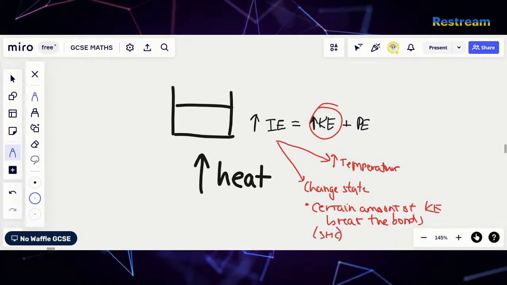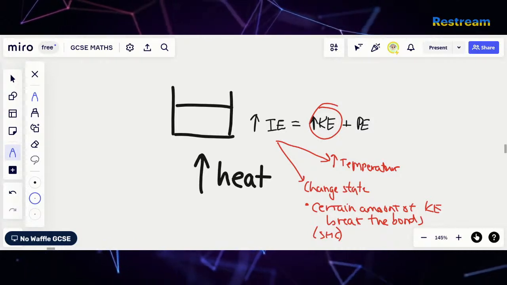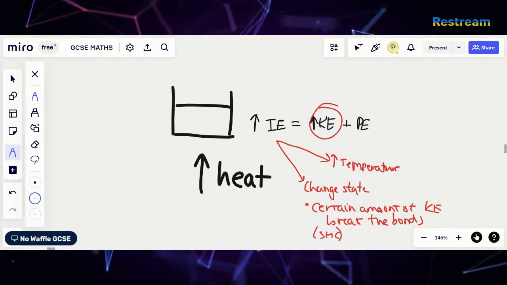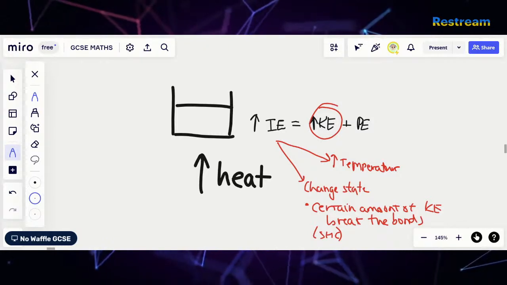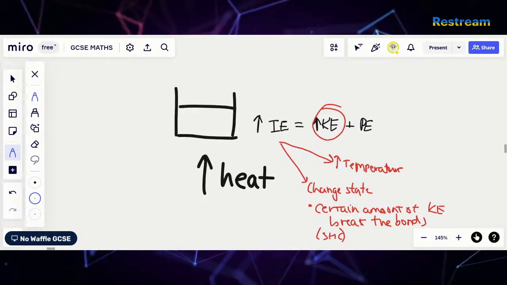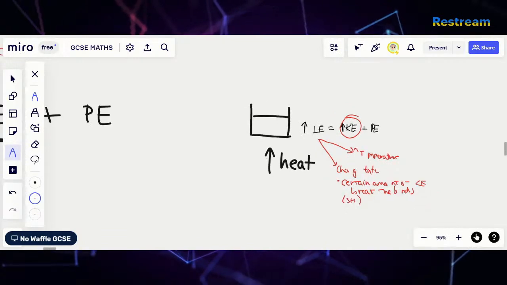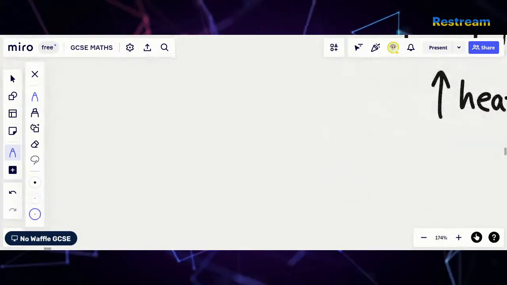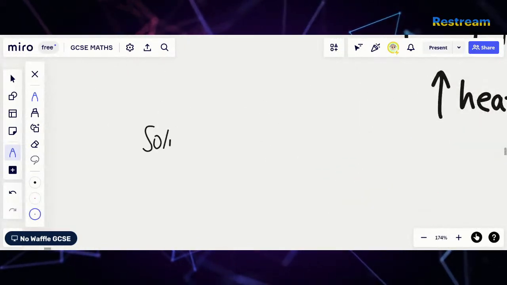You can watch yesterday's live stream if you're unsure about that topic. Now, when you heat a liquid, it boils or evaporates and becomes a gas. So in this topic, you just need to know the basic conversions from solid to liquid to gas.